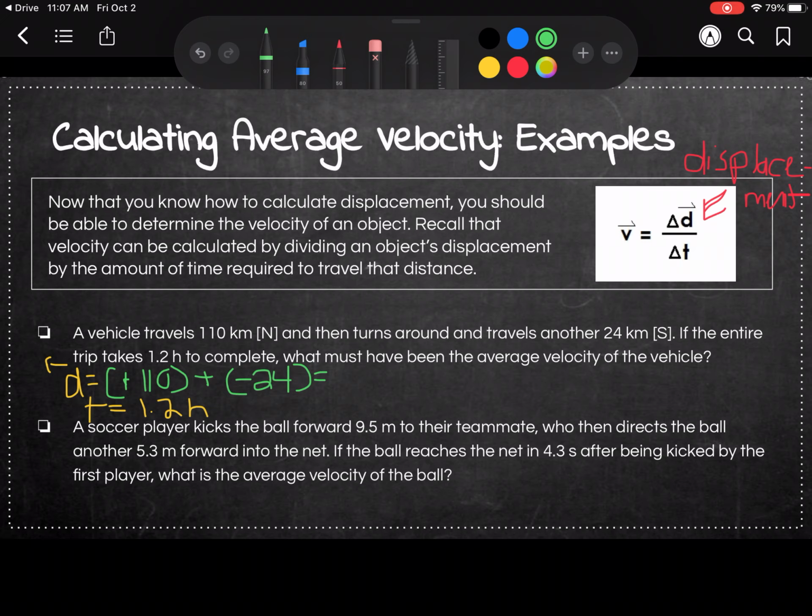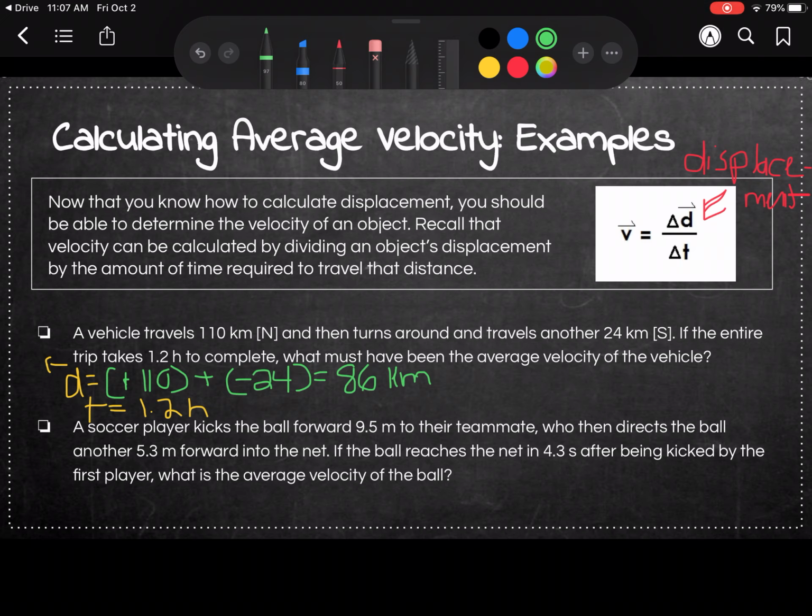So we go 110 plus negative 24, and that gives you 86. Okay, so 86 kilometers. We've got our t.